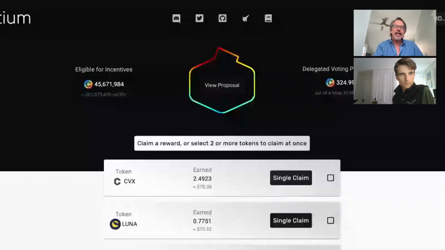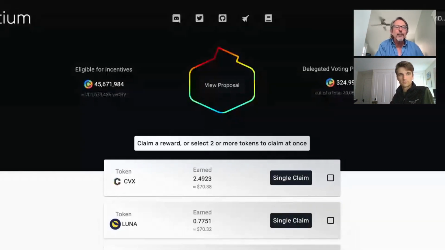So basically with Votium, you can vote every 2 weeks on Convex, or you can delegate your voting power to Votium. They'll do the calculations, determine what the most profitable bribes are, and you'll get whatever formula they came up with of tokens that you should receive. So here's just some of mine in there.